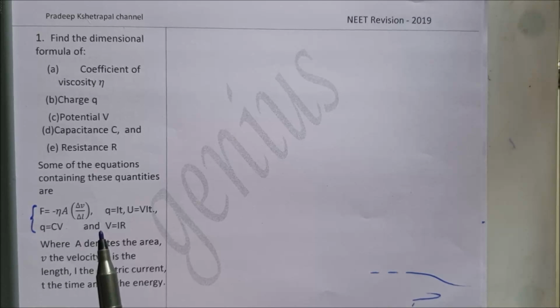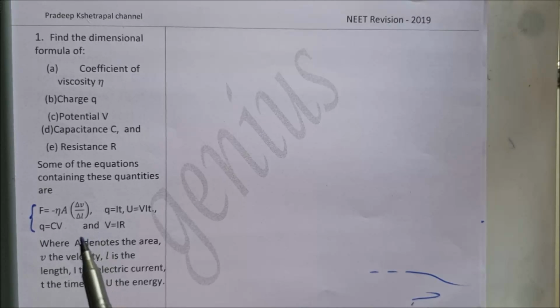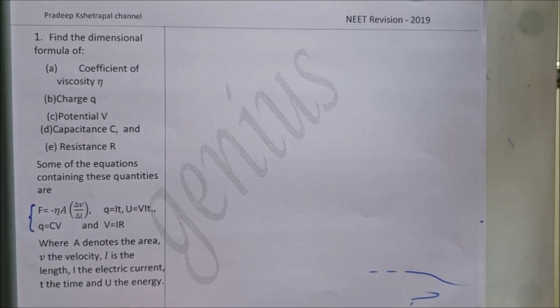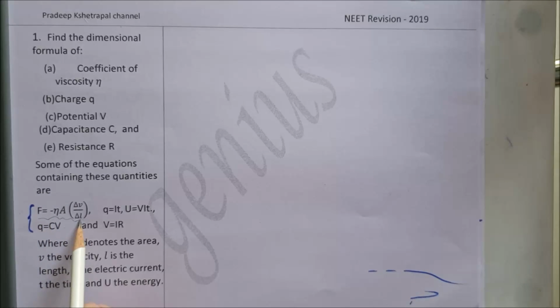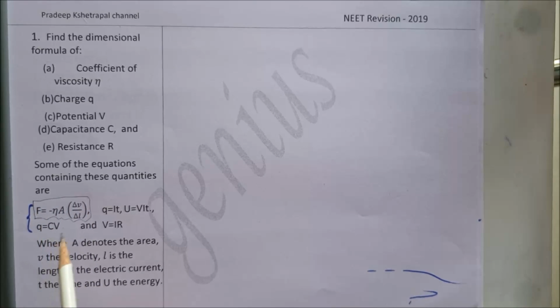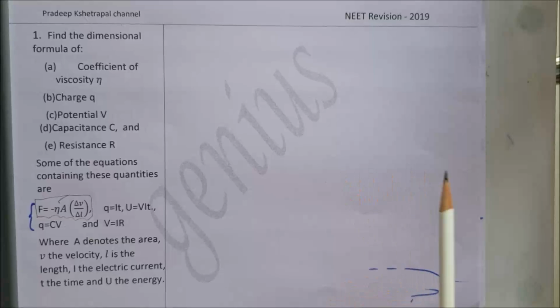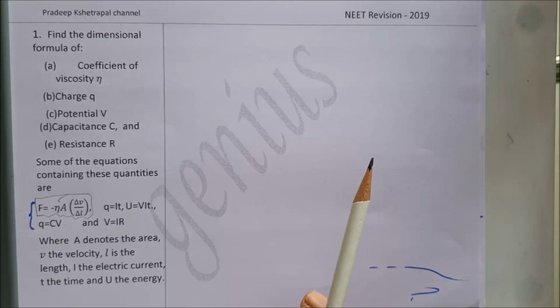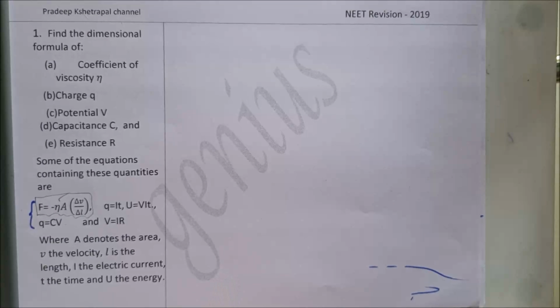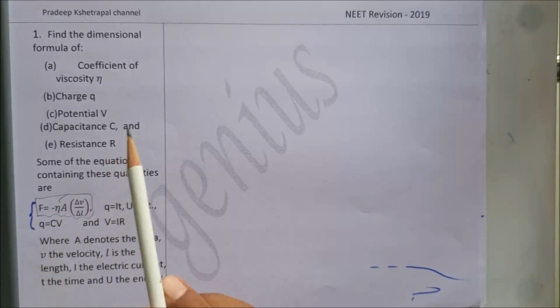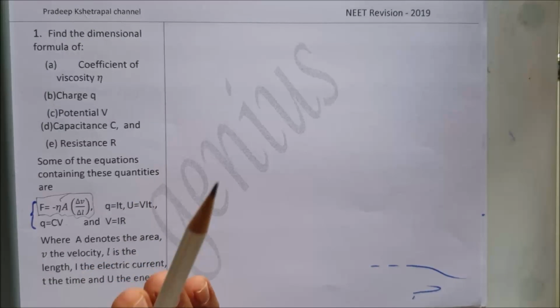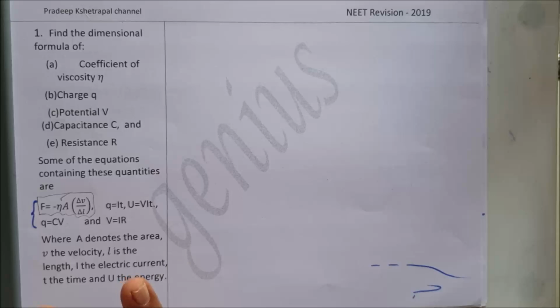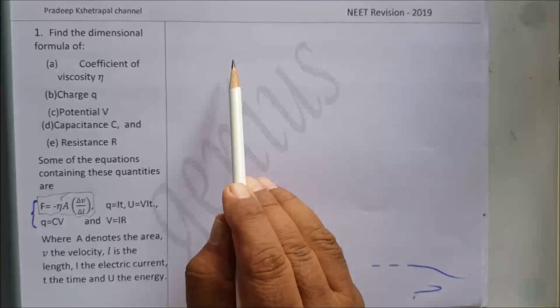Now, how to find dimensions with the help of a formula? Here you will find that F is equal to minus eta A dV by dl. This includes eta. So our strategy will be, first we will simplify this equation in such a way that eta becomes a single identity on one side. Eta is to be transferred to one side and all the rest of the quantities to the other side.